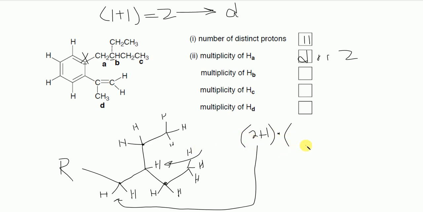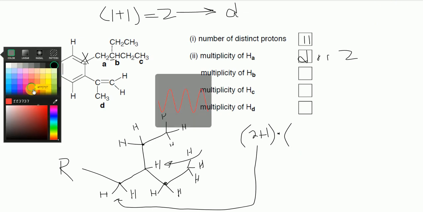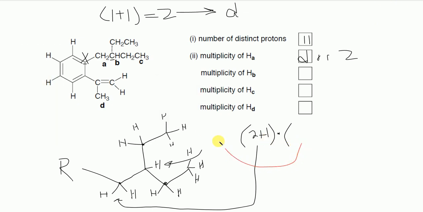Now, the parentheses for the next one is going to be from right here. Let me use a different color. All right, so I have to calculate. So I have 2 and plus 1, right? But this is actually wrong, okay? And the reason it's wrong is because if I were to calculate the next one over here and do another 2 plus 1, it's actually going to give me the wrong answer.